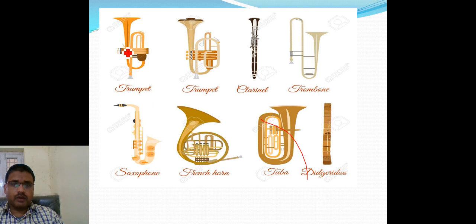When these holes are covered by your hand, then depending on that, the music is created. These are the wind instruments.